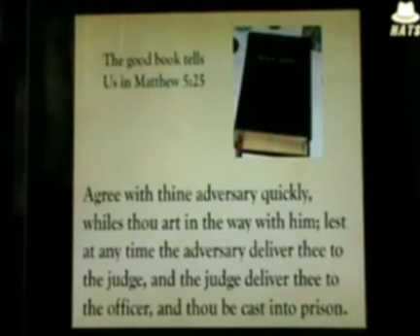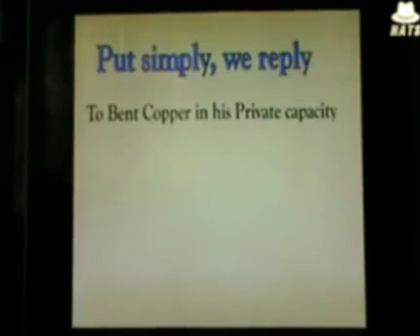So rebut it quickly and do it in private. Never go to court. Only corporations go to court. So rebut it quickly. Send the paperwork straight back to the person who served it on you, rebutting that you are the defendant.